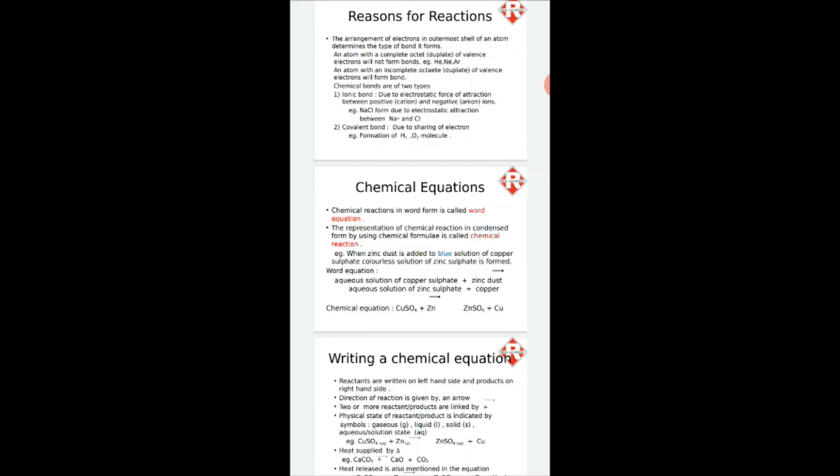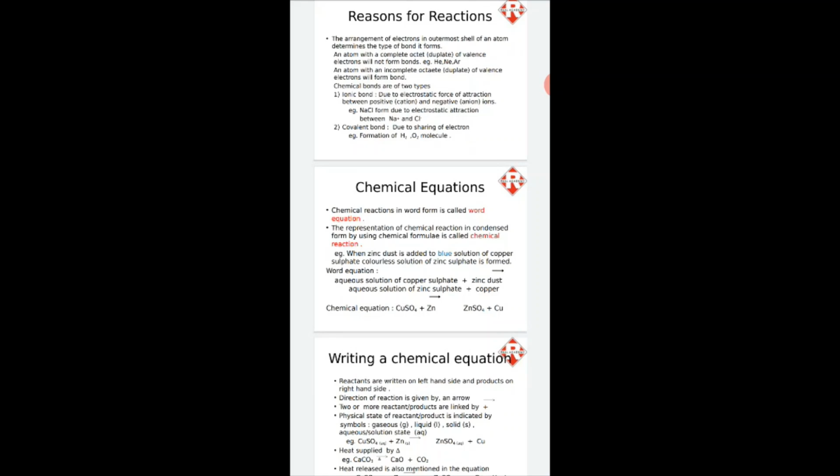Now we are focusing on chlorine. The atomic number of chlorine is 17, so its electronic configuration is 2, 8, 7. The outermost orbit contains 7 electrons. To complete its octet state, chlorine requires only 1 electron. So the chlorine atom gains an electron from another element, especially sodium, and fulfils its octet state.